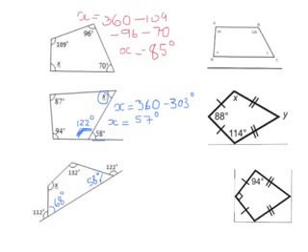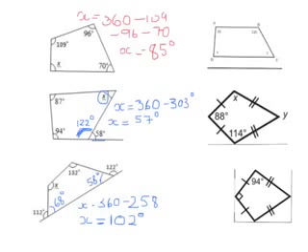So now I can say x equals 360 minus 258. So x equals 102 degrees.